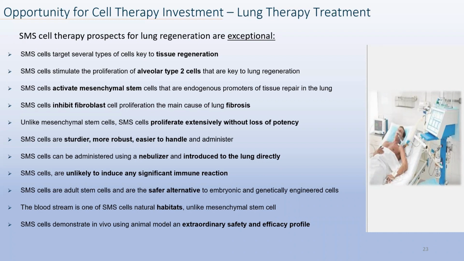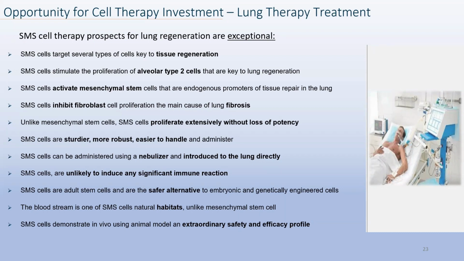SMS cells can be administered using a nebulizer and introduced to the lung directly, as we have seen. SMS cells are unlikely to induce any significant immune reaction because of the absence of the molecular targets for immune rejection.